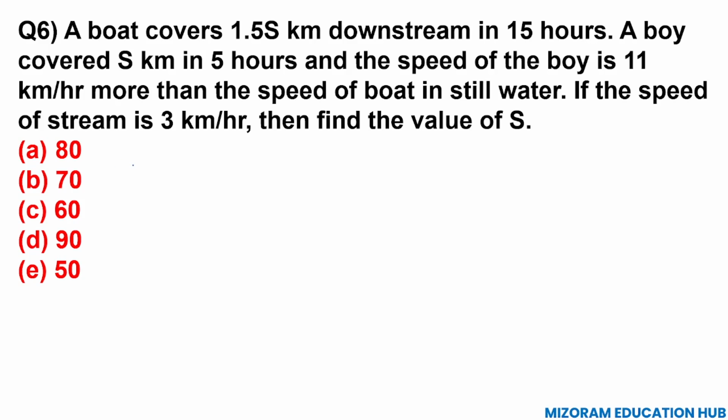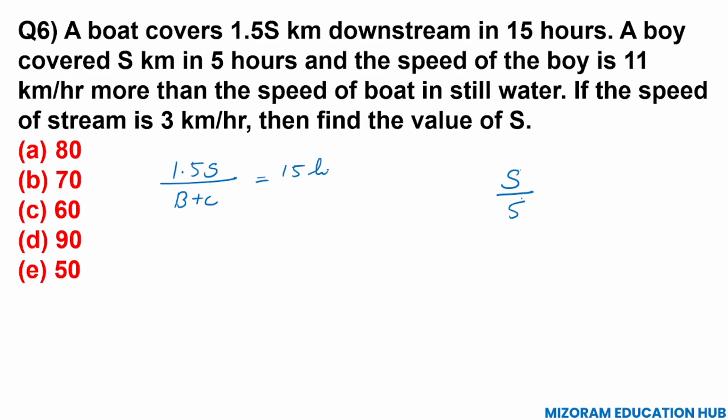Question number 6. A boat covers 1.5 S kilometers downstream in 15 hours, which is the downstream speed. A boat covers S kilometers in 5 hours, so the speed is S by 5.